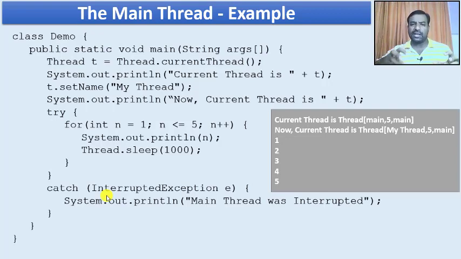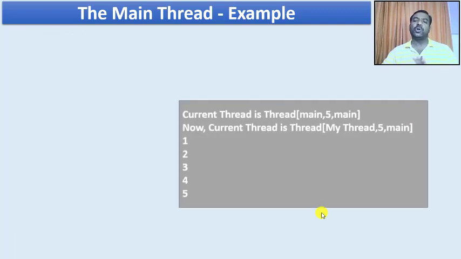If any higher priority thread arrives and interrupts the execution of a thread, we call this an interrupted thread, and this is an interrupted exception. And if this exception is caused, I'm just going to print a message as main thread was interrupted. So this is how the main thread is going to work.